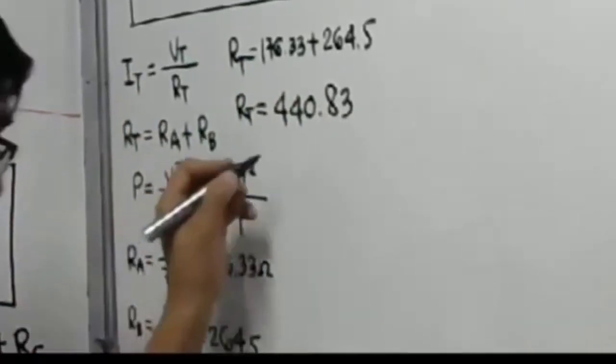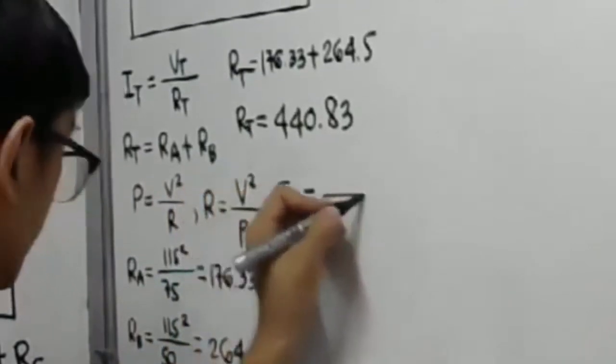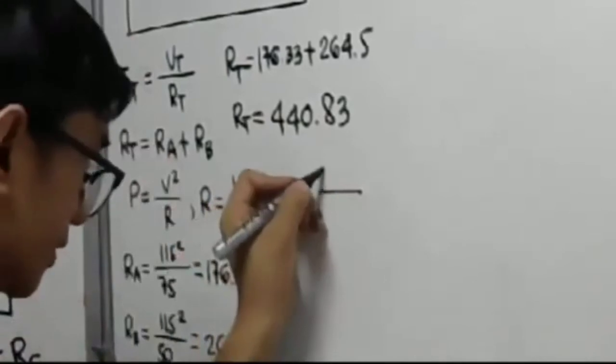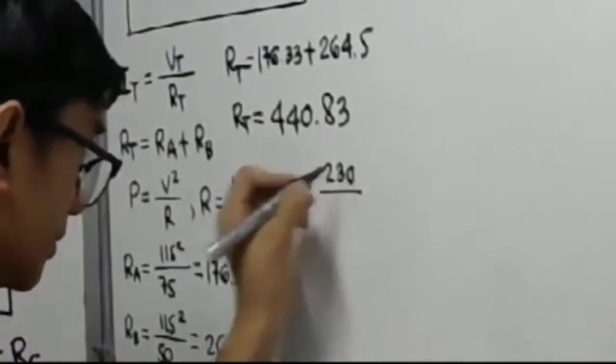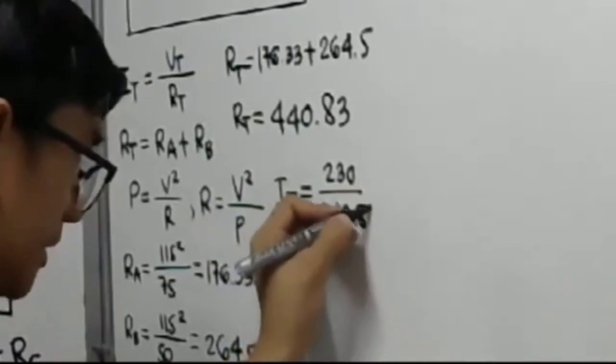What is the total current? The total current is simply equal to the total voltage, which is 230 volts, divided by 440.83.